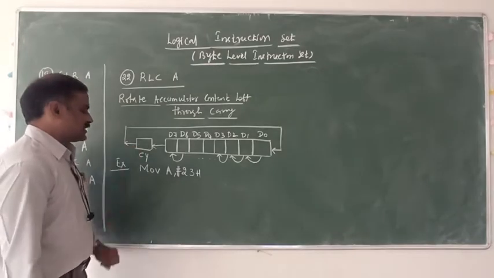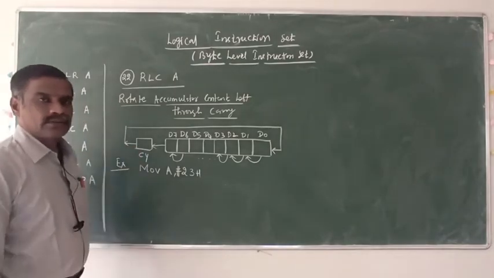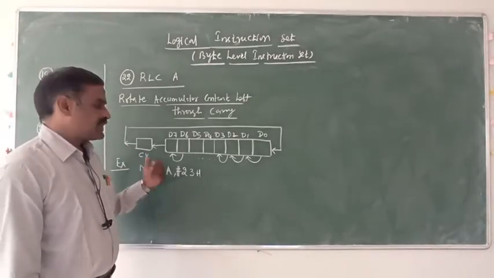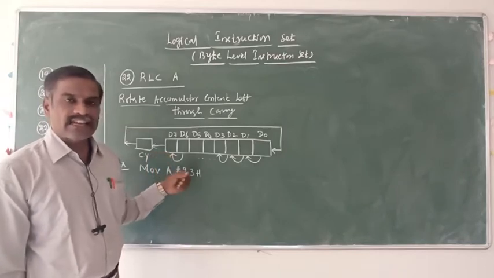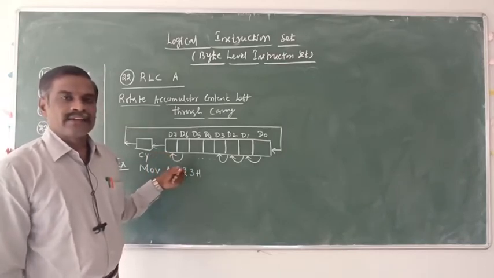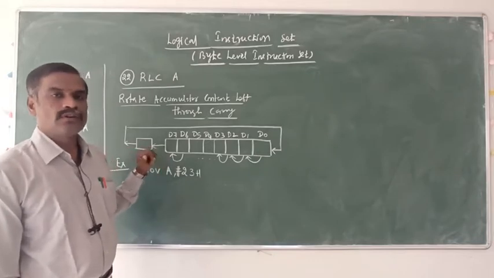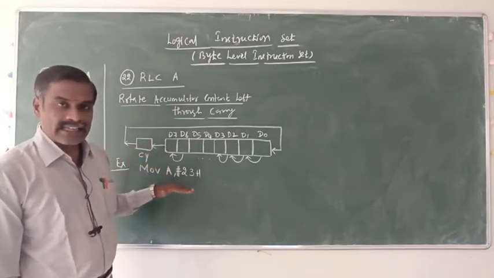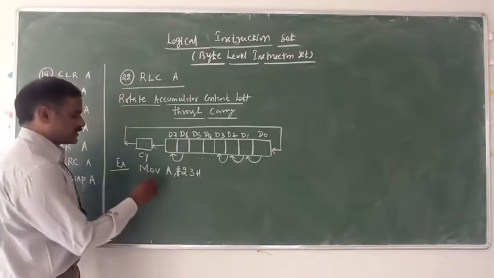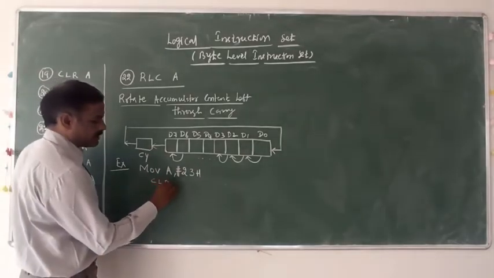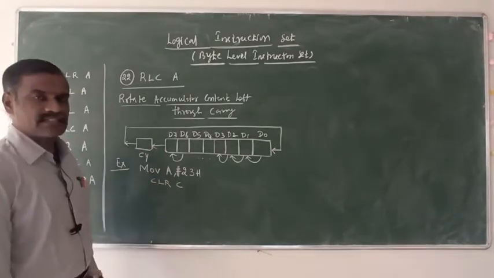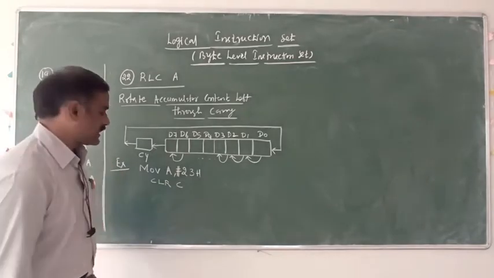Now to clear the carry, in the previous program the carry could be any data, either 0 or 1. Now to clear the carry status, for that we can use CLRC. CLRC means to clear the carry.